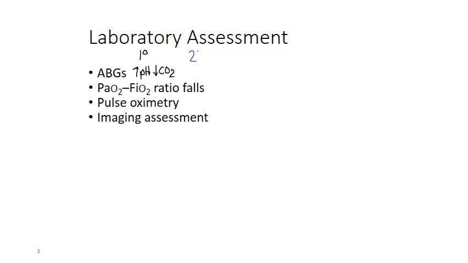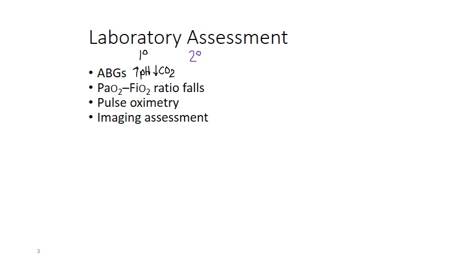Then what's going to happen is in response to the hypoxia, the body's going to start shunting blood, and the ratio of arterial oxygen and inspired oxygen starts to fall, and blood is shunted from the right side to the left without picking up any oxygen from the lungs.